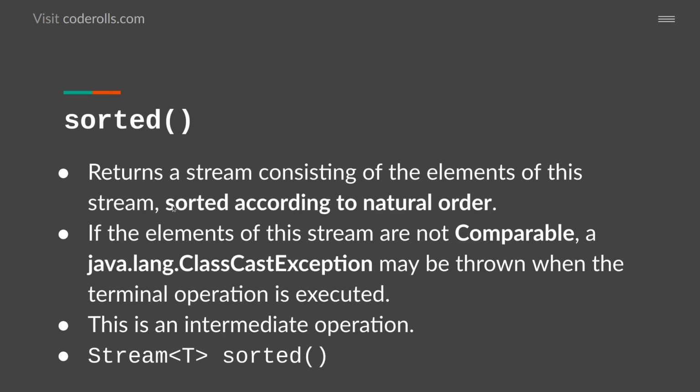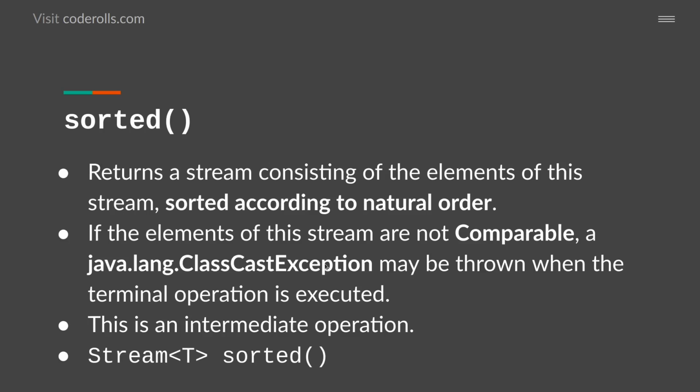Now this is the important part. It will always sort elements in natural sorting order. It may throw ClassCastException if the elements of the stream are not comparable. We will see this point in an example, do not worry about it.